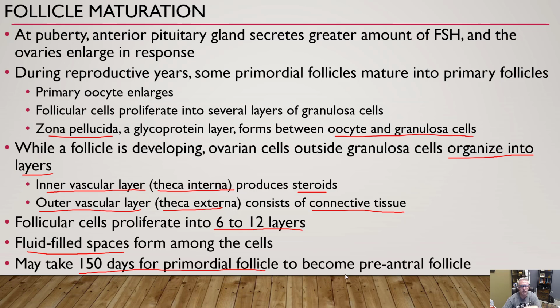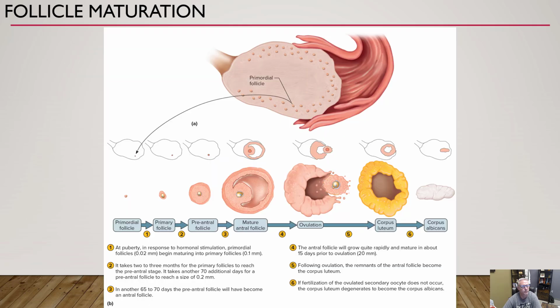And once they do, we're now going to call them preantral follicles. So here you can just see the maturation of the primordial follicle into the preantral follicle, and then the mature follicle, and then eventually females will ovulate.